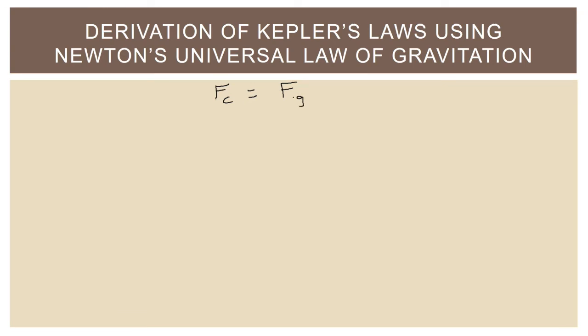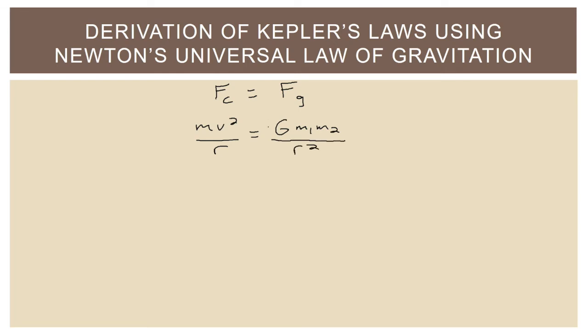And that's because the object is moving in a circular path where gravity is supplying the centripetal force. And so just like we did for the orbital velocity equation, we're going to take mv squared over r and set it equal to G m1 m2 over r squared.